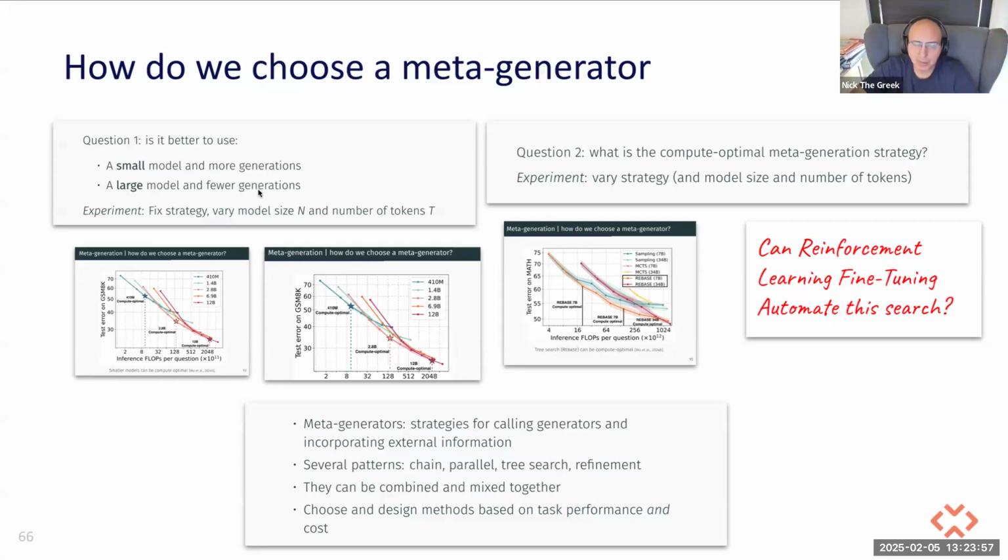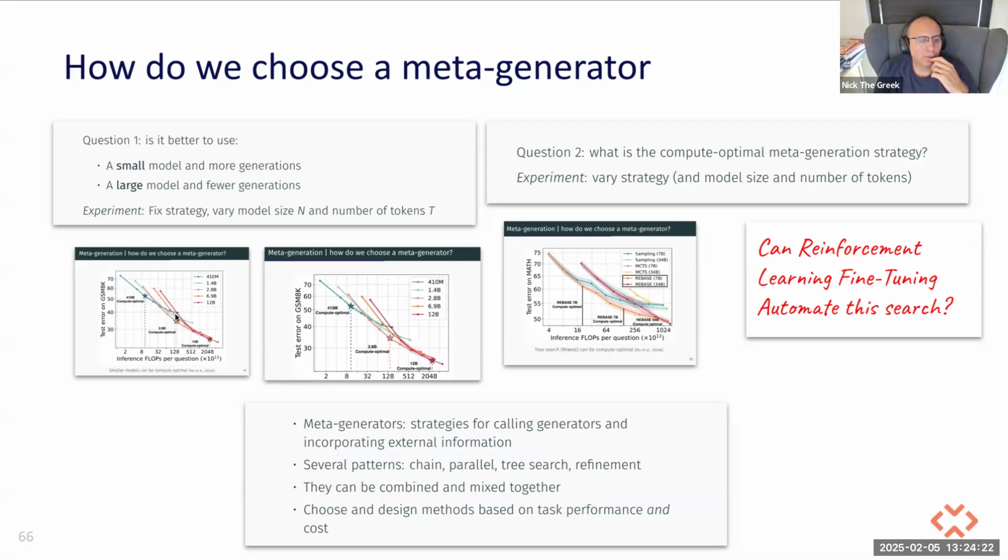We've seen this example so many times in engineering, like when you do optimization, do I need to take long steps but few of them, or smaller steps but many? Stochastic gradient descent, for example. In this experiment they fix the strategy and vary model size and number of tokens, and you get these curves that they talk about. What is compute optimal?